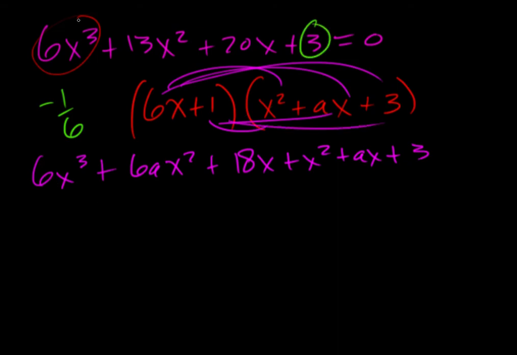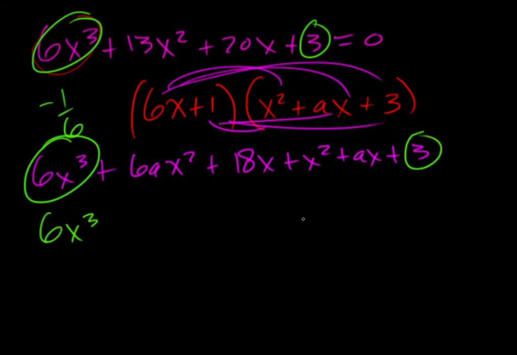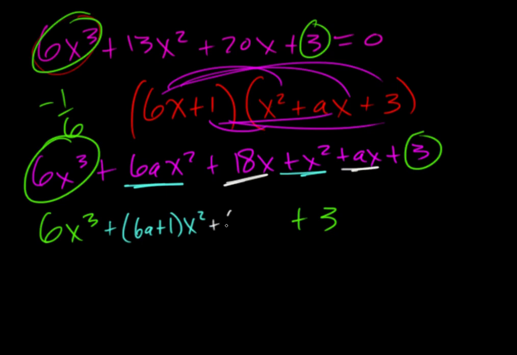Okay, the beginning and the last are good to go. Now the insides, we want to combine these, and so we have 6a plus 1 x squared, and then combining this and this, we have 18 plus a x.